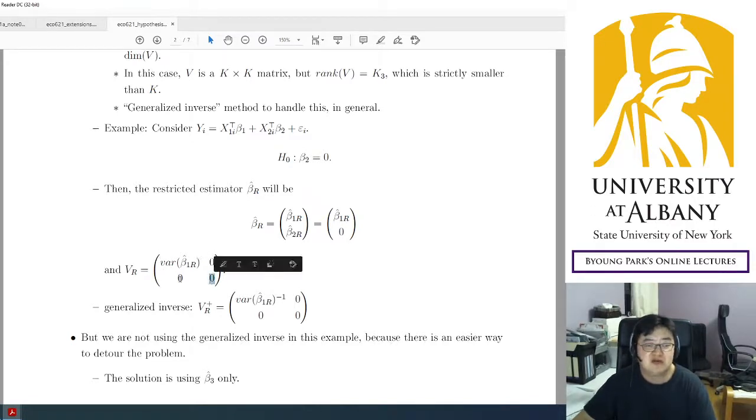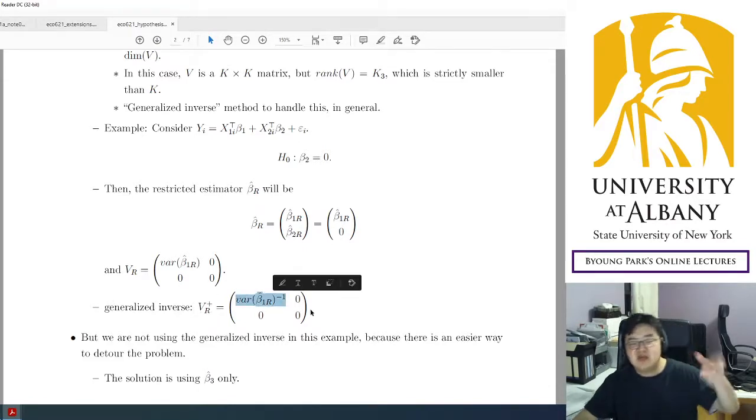Of course, there will be no covariance and there is no variance for beta 2 because that part is always 0. In this case, it is obviously not invertible because it is not full rank. All zeros, 0, 0, 0. In this case, the mathematical generalized inverse is defined in this way, right?